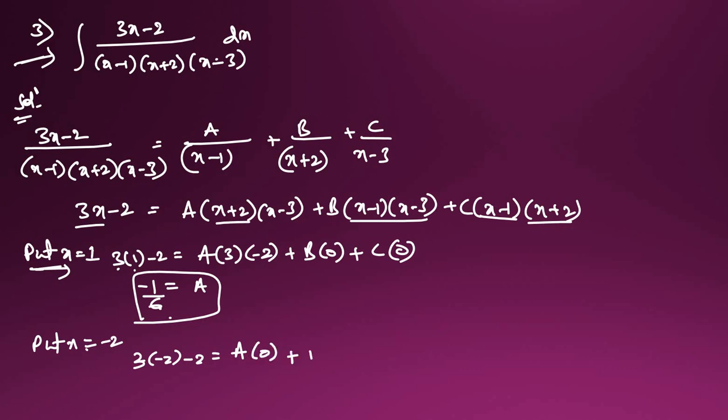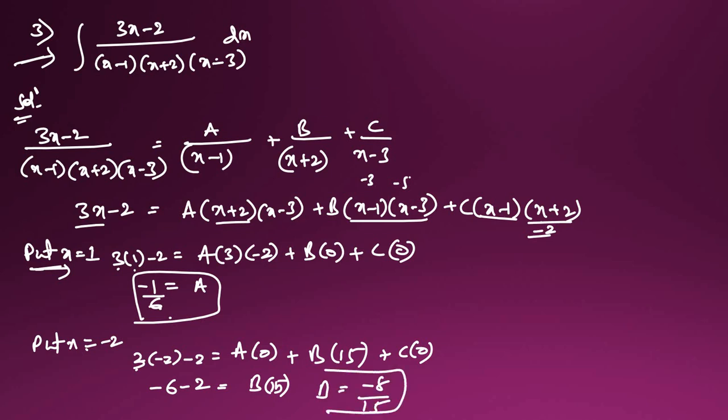Plus b into (minus 3)(minus 5), which is plus 15 because both are minus, and plus c into 0. So minus 6 minus 2 is minus 8, and b into 15, so b is equal to minus 8 by 15 will come here.